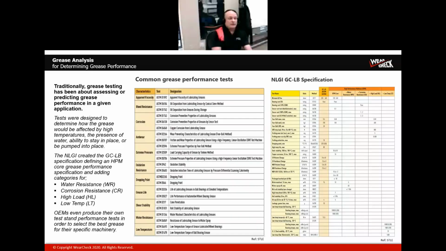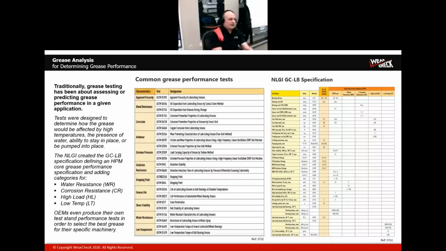There's not a lot of the commercial type of labs that were doing grease testing in years past. We're looking at things like bleed resistance or corrosion resistance in a grease, or its ability to act in an extreme pressure environment, or anti-wear characteristics. So we were doing things like tribological testing, 4-ball wear scar, that kind of stuff.